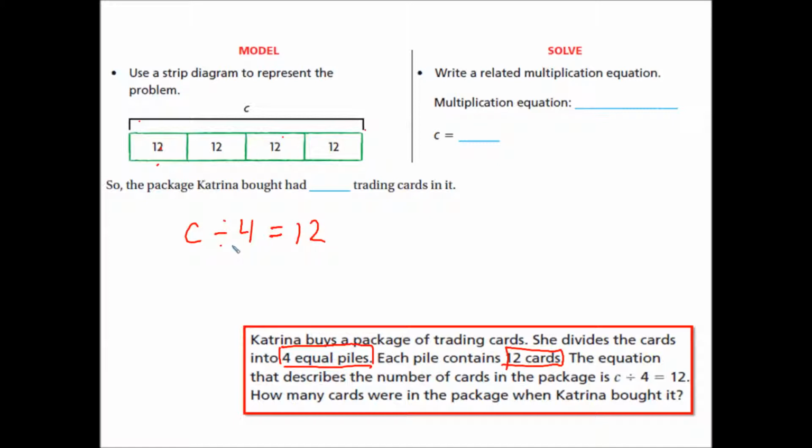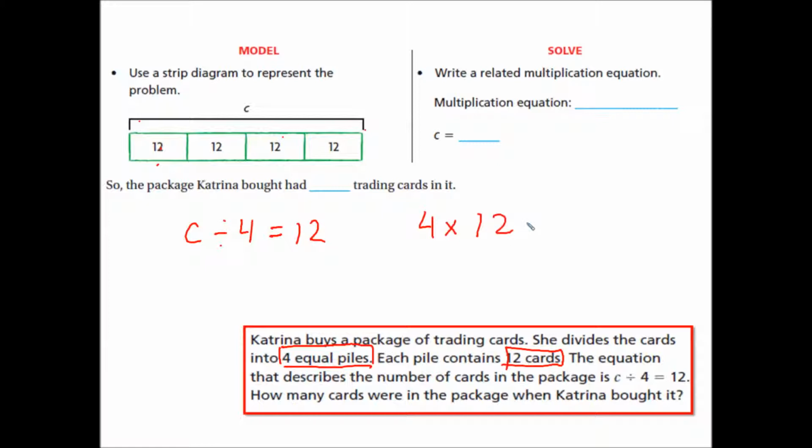Now, C divided by 4 equals 12. You might not know how to do this, so let's look at this picture and rewrite it as a multiplication equation. Well, if I look at this, I know that everything in this box is equal to C because C is everything in the box. So if I look at this box, I have four smaller boxes, and each one has 12.